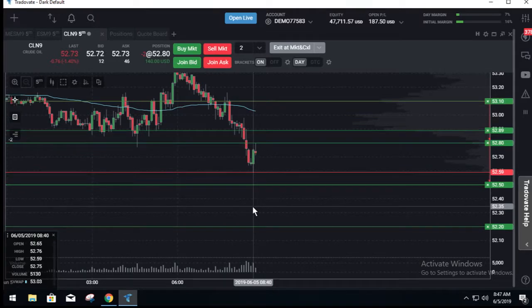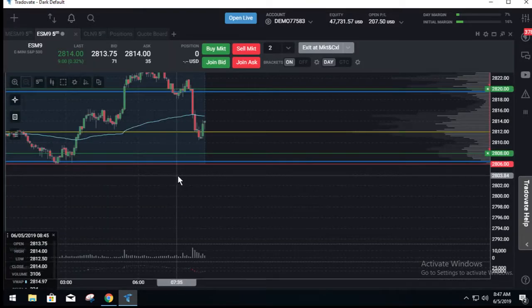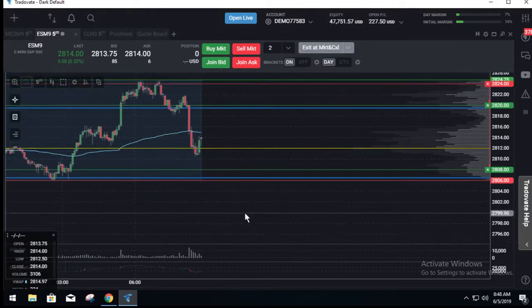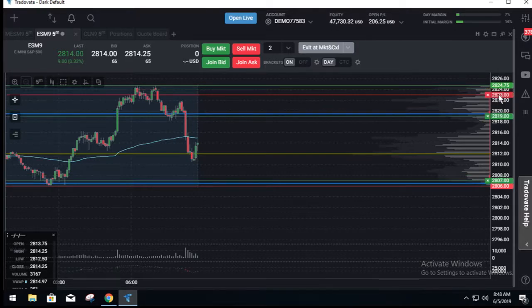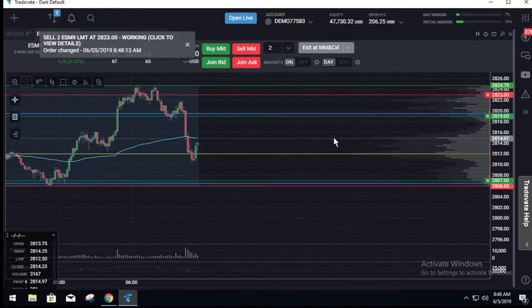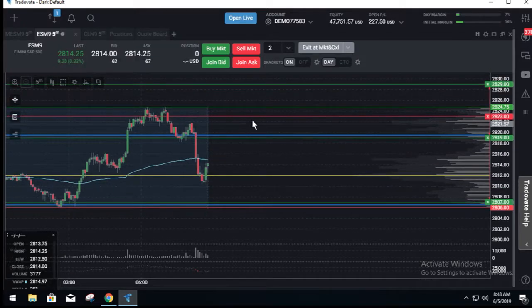Never use very tight 10 point stops. It does not work on oil. You will get crushed. Ideally, I would look to see today's retest of this 23 and an entry to the sell side.